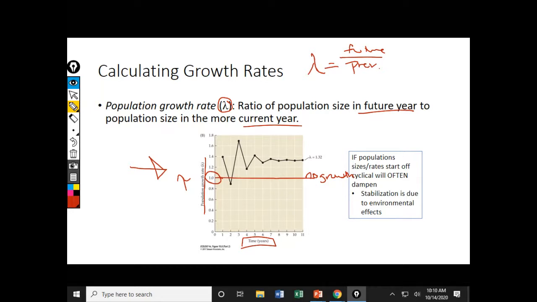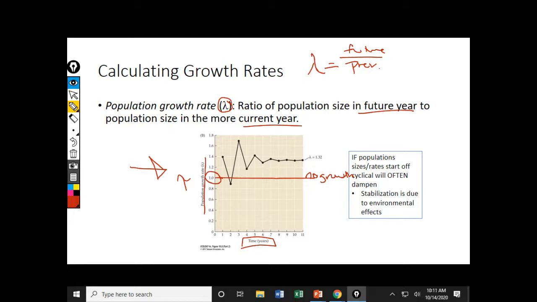Which means then anything bigger than 1, so 100 times 1.2, means that my population is growing, right? We can do that math. 100 times 1.2.